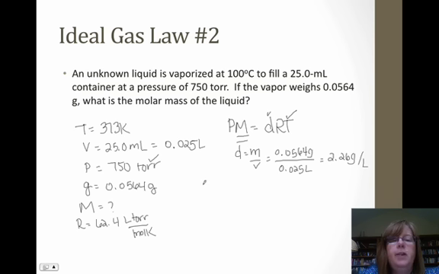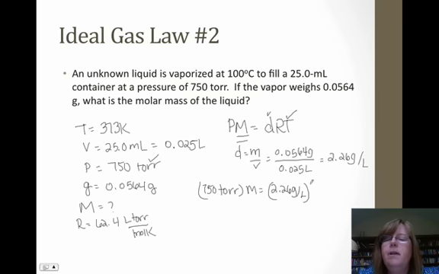All right, our pressure is 750 torr. We are solving for our molar mass. Our density is 2.26 grams per liter. Our R value is 62.4 liters torr per mole Kelvin. Our temperature is 373 Kelvin.